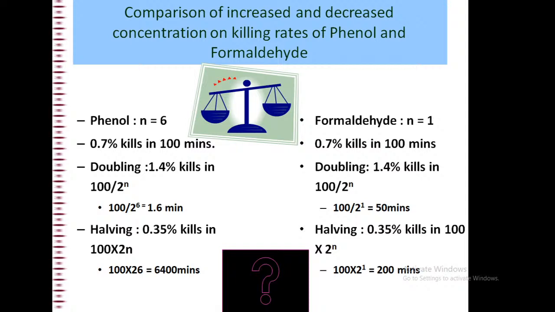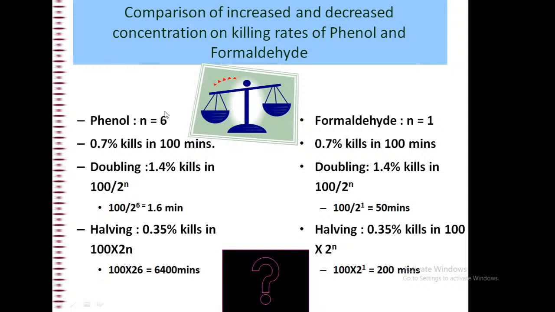So we are taking double the phenol. If you are taking 1n, then 7.4% is killed in 100 minutes. Here it is the same. So what is the difference in the concentration?